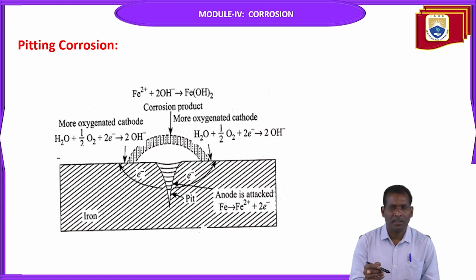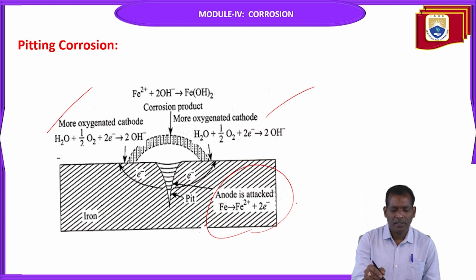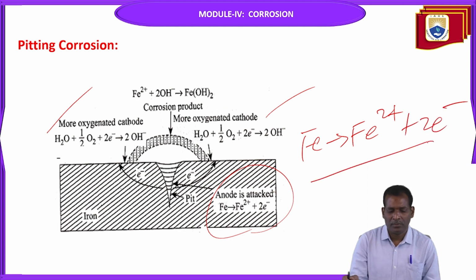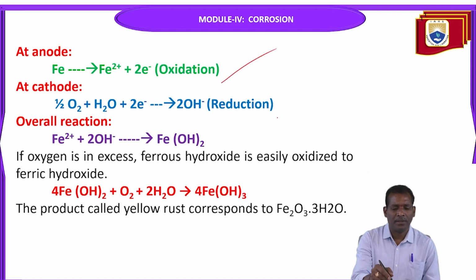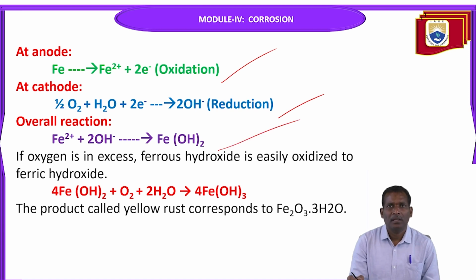At the more oxygenated cathode you write the equation like this, and the anode is attacked: Fe gives Fe2+ plus 2 electrons, and ferric hydroxide finally forms. These are the oxidation and reduction reactions and the overall reaction. The product called yellow rust corresponds to ferric hydroxide.